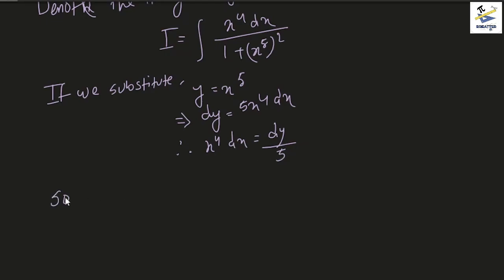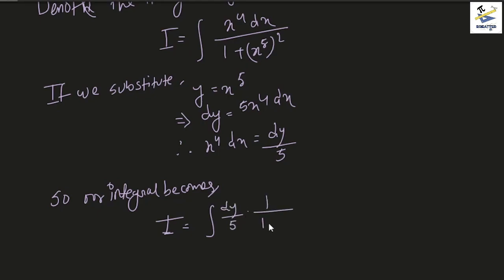So our integral becomes I equals the integral of dy by 5, and the denominator just becomes 1 plus y square. So taking the constant outside, we get 1 by 5 integral of dy by 1 plus y square.